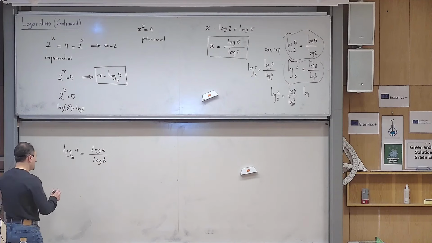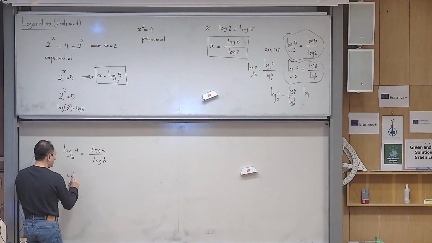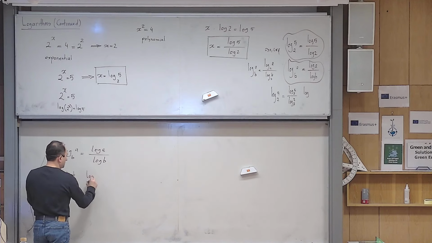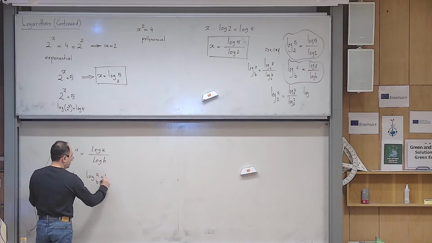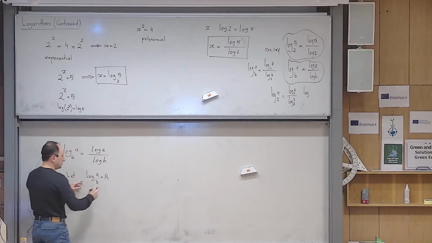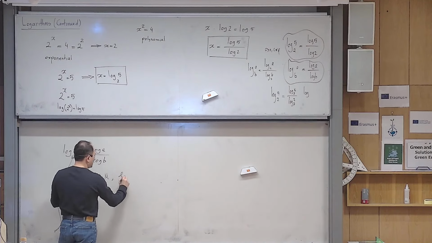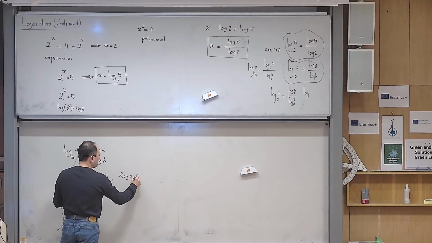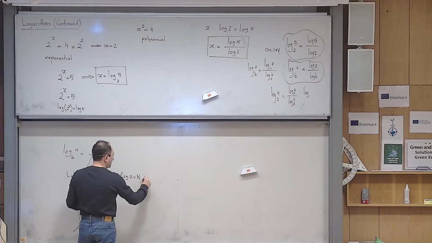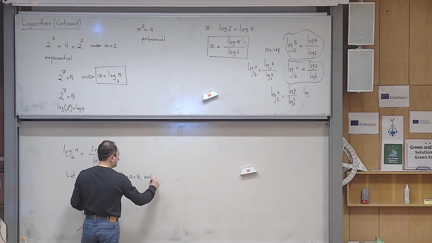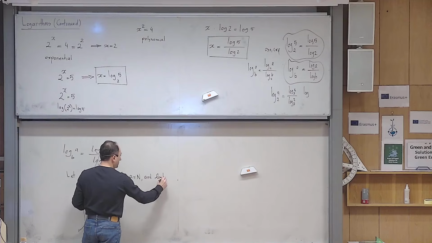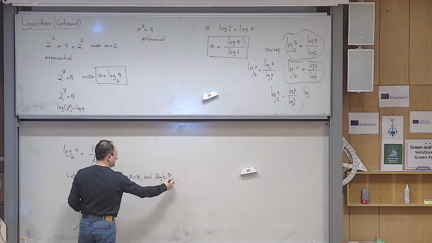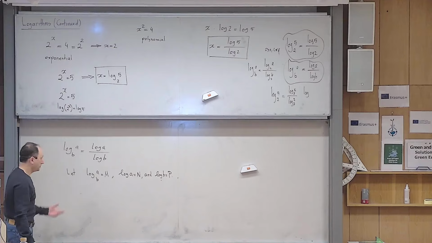So for example, let me call logarithm of a to the base b, m myself, and let logarithm of a be n, and logarithm of b, let me call it capital P. You can give any name that you like.